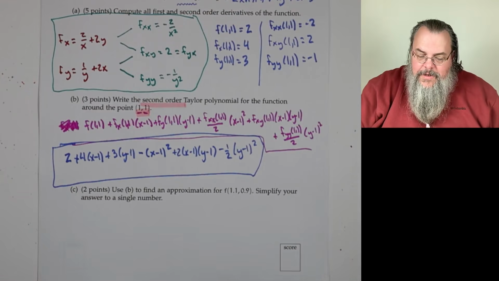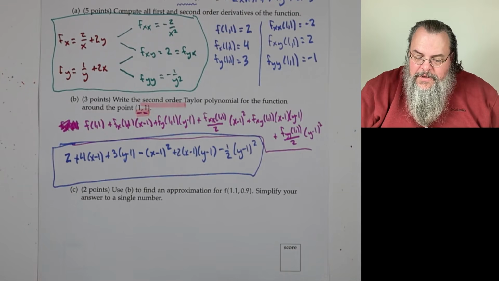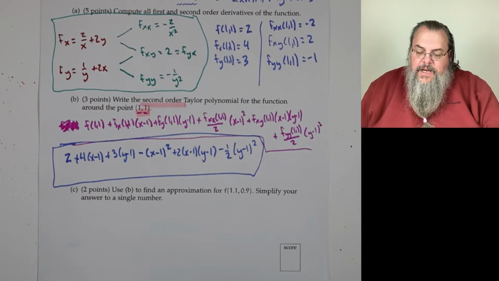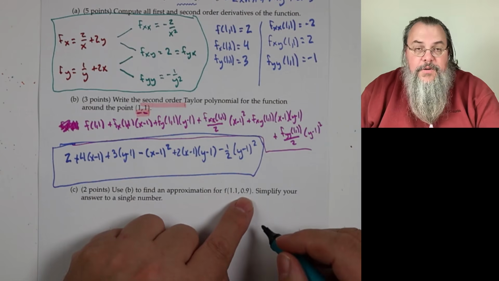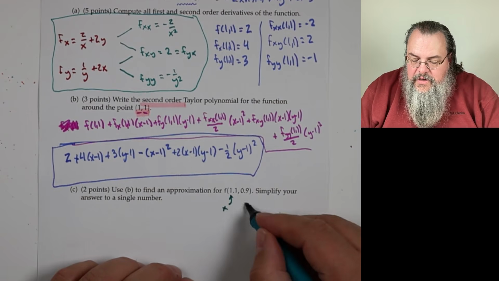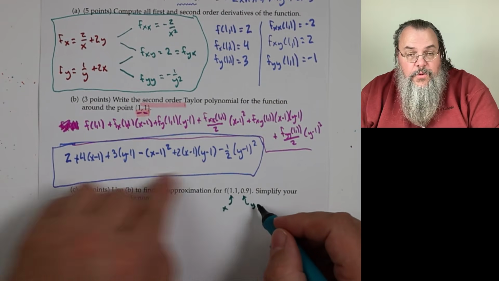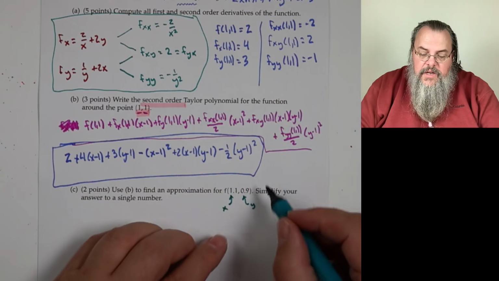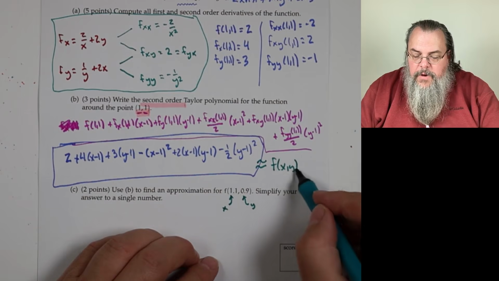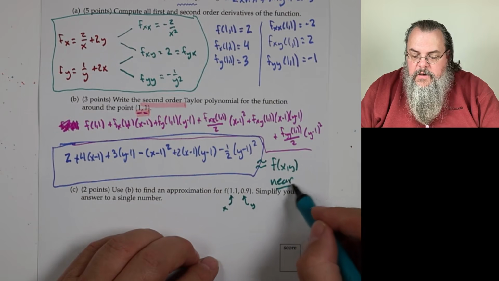All right, now, what do we have? Use part B to estimate f of 1.1 and 0.9. So this is our x, and here's our y that we're plugging into this expression, because this is approximately f of (x, y) near (1,1).